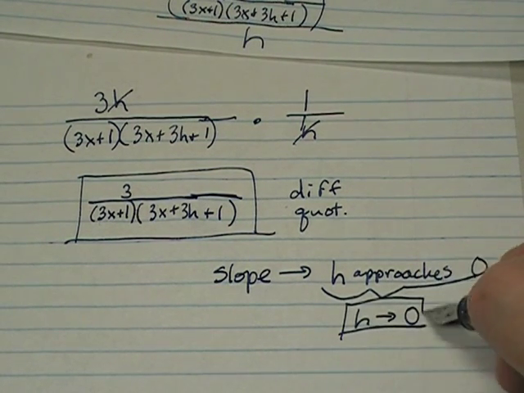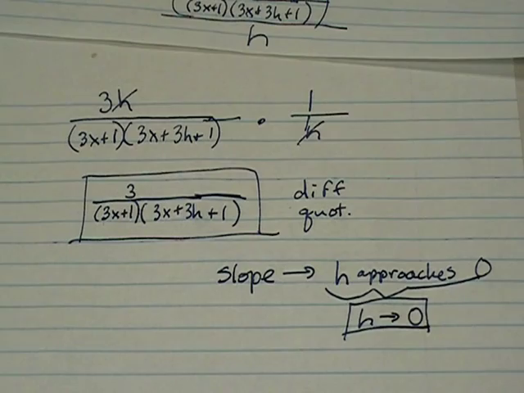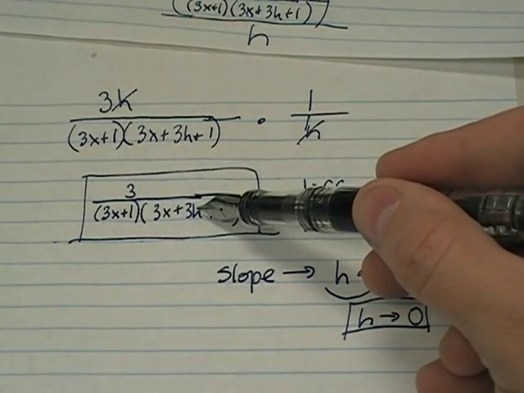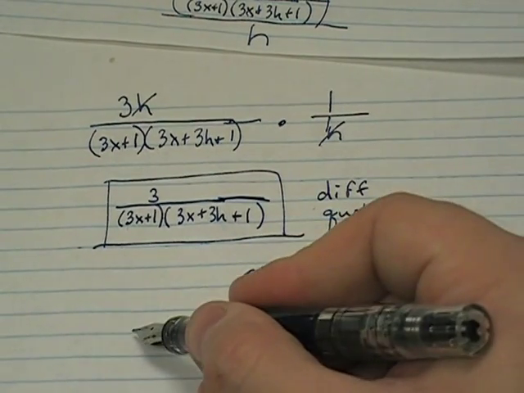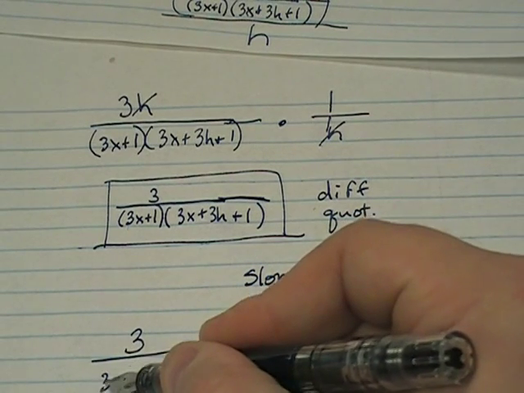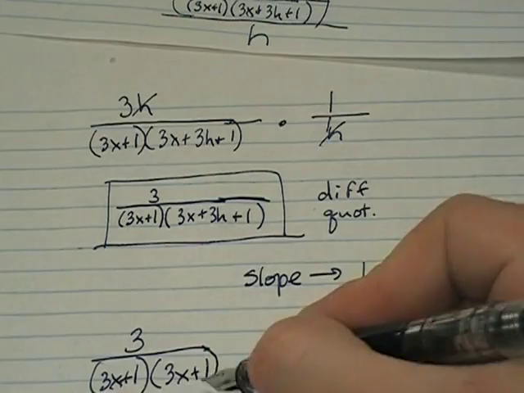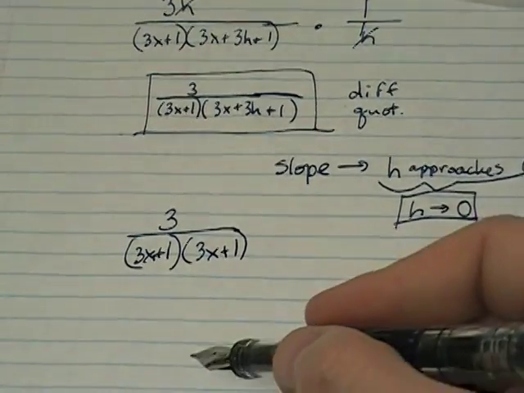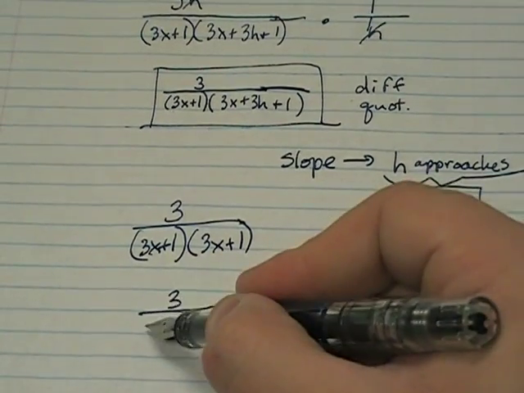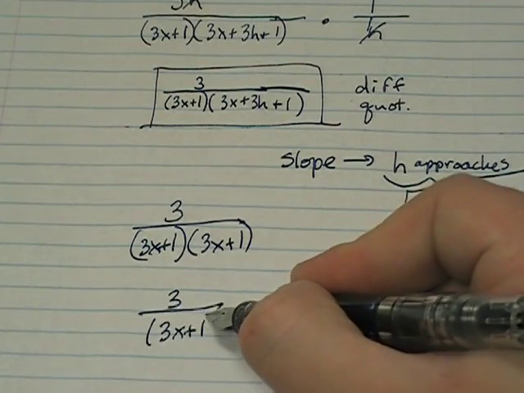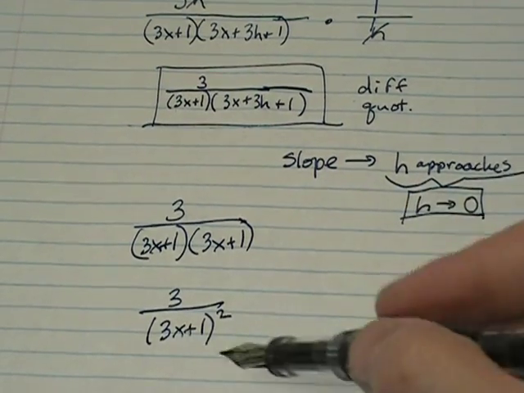So if h approaches 0, 3 times 0 is 0. So I end up with 3 over 3x plus 1 times 3x plus 1, which we can rewrite as 3 over 3x plus 1 quantity squared.